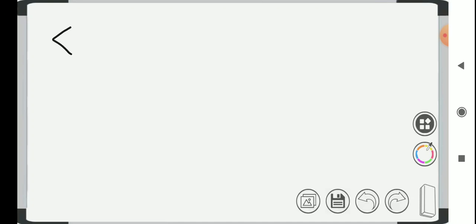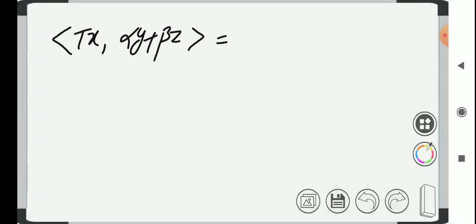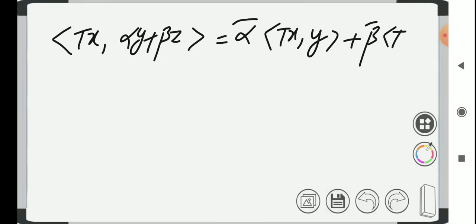So until here, inner product of Tx with alpha y plus beta z is the same as alpha conjugate inner product of Tx with y plus beta conjugate inner product of Tx with z, which should be the same as alpha bar inner product of x with T star y.